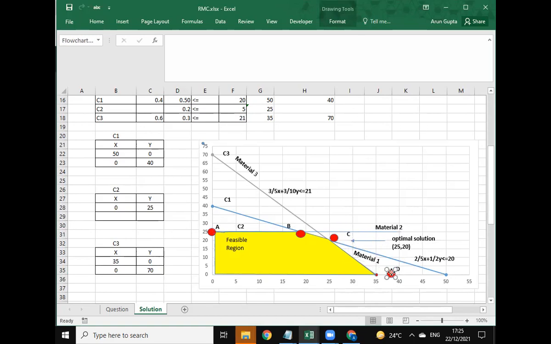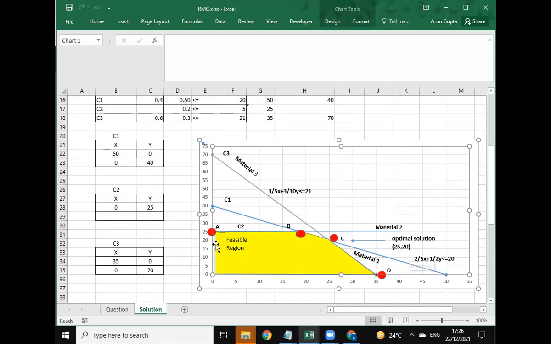And the fourth point is D. Here is the D point, and this is the C point. So this is the optimal solution, which is 20 and 25.